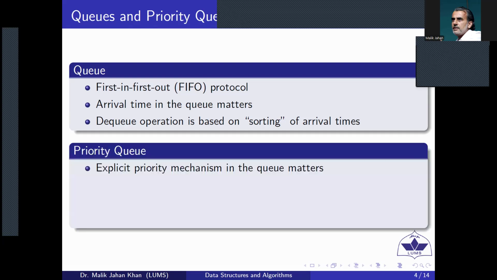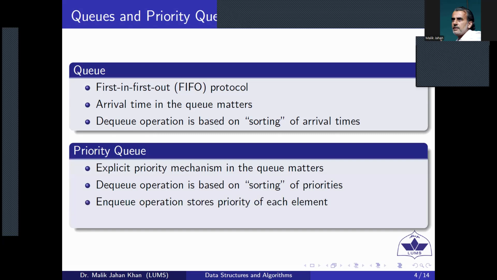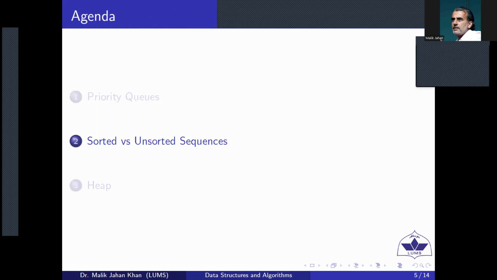A priority queue is essentially a queue which has an explicit additional attribute of priority, and that priority matters. So the dequeue operation is based on the sorting of priorities. The element which has the highest priority will be dequeued first, irrespective of when that element was inserted. The enqueue operation stores the priority of each element, and the dequeue operation is based on the highest priority.